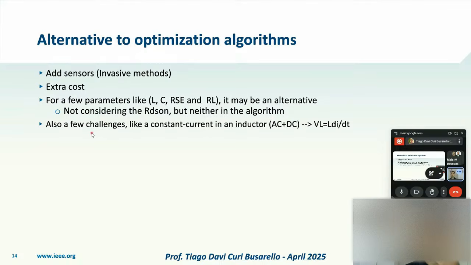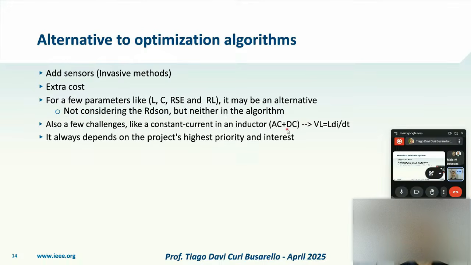We also have a few challenges when we do that, because the inductance may have a current which is completely constant, which makes it difficult to separate the AC and DC parts of the current in order to estimate, for instance, the internal resistance. Of course, choosing between invasive and non-invasive depends on the project's highest priority and interest.